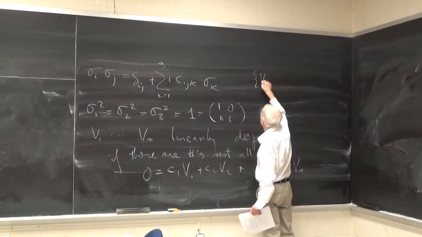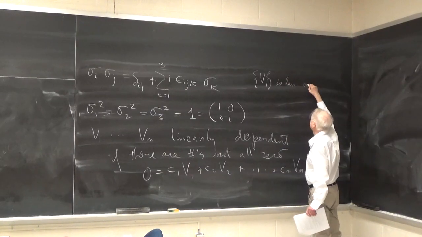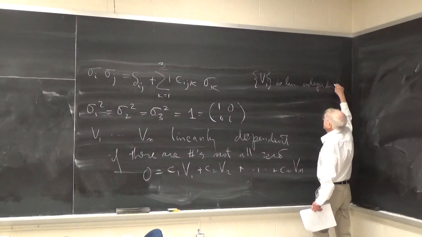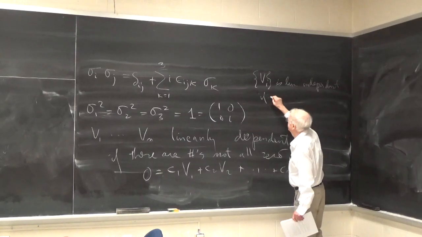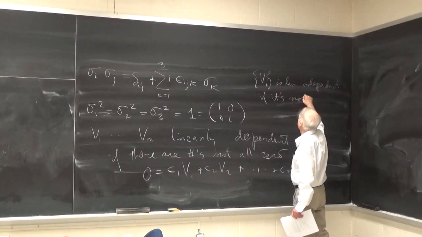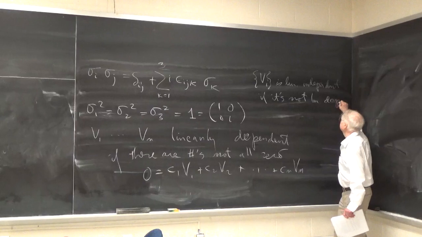A set of vectors v_i is linearly independent simply if it's not linearly dependent.